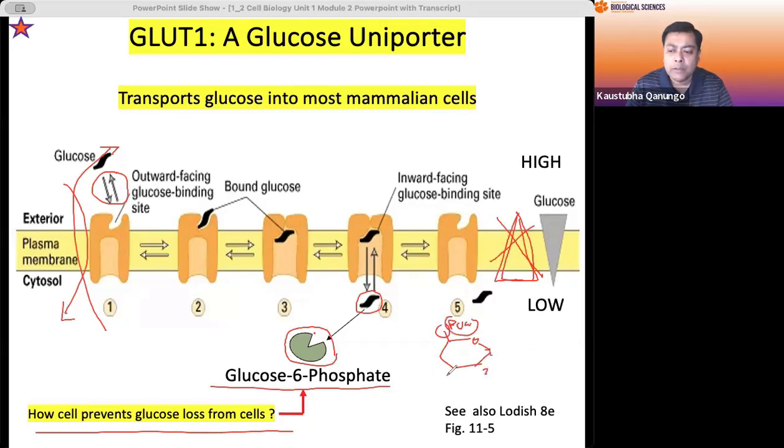This is your carbon 1, 2, 3, 4, 5, and 6. So you put a phosphate on the 6th carbon, which is glucose 6-phosphate. So glucose is phosphorylated, and phosphorylation of the glucose actually prevents the glucose from leaving the cell. This is basically a built-in mechanism for preventing glucose loss.